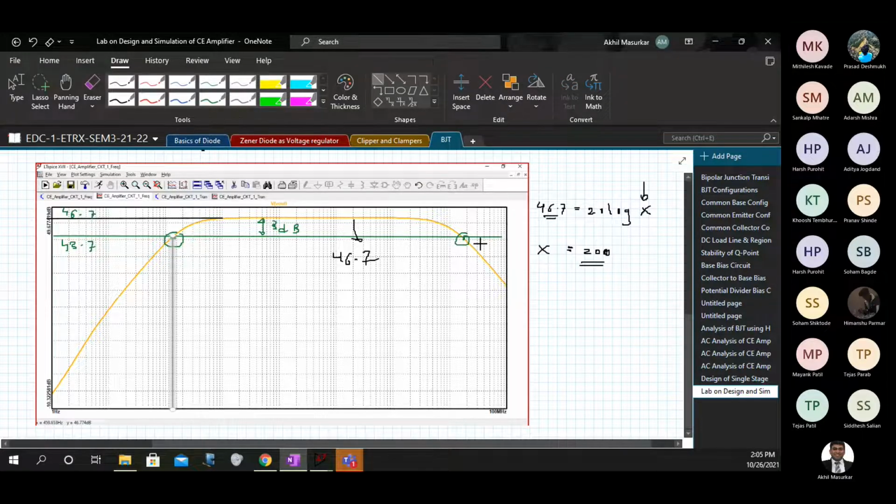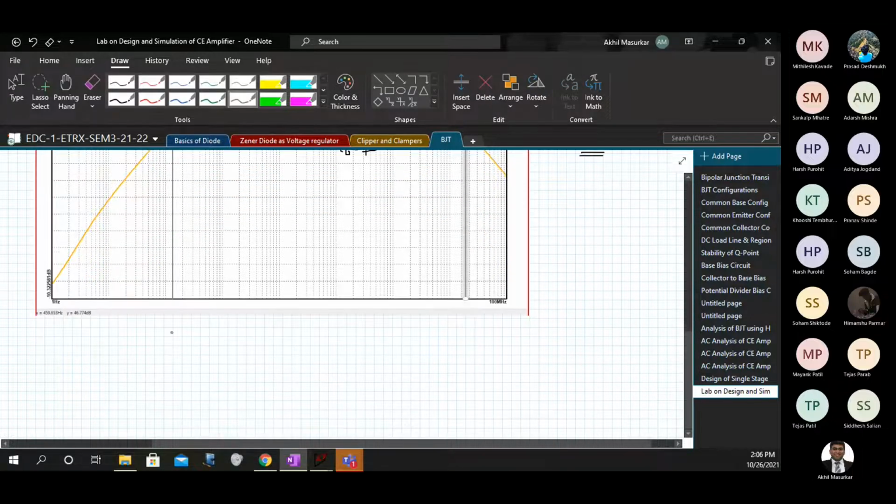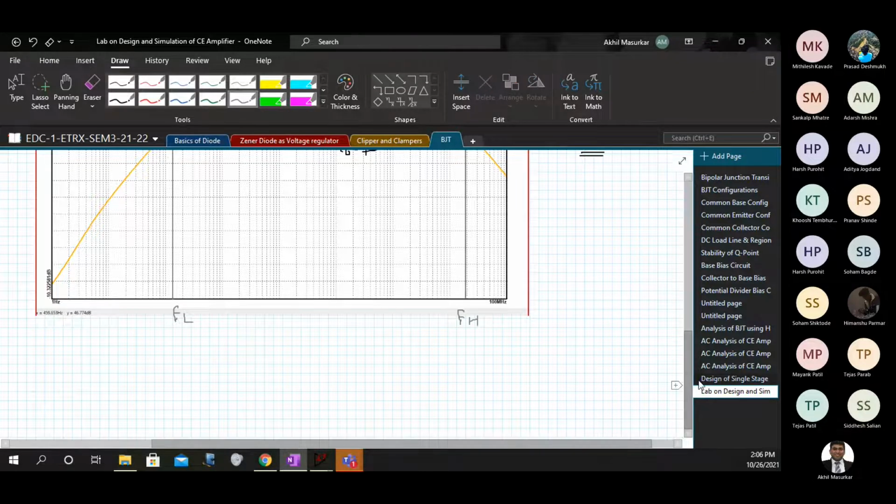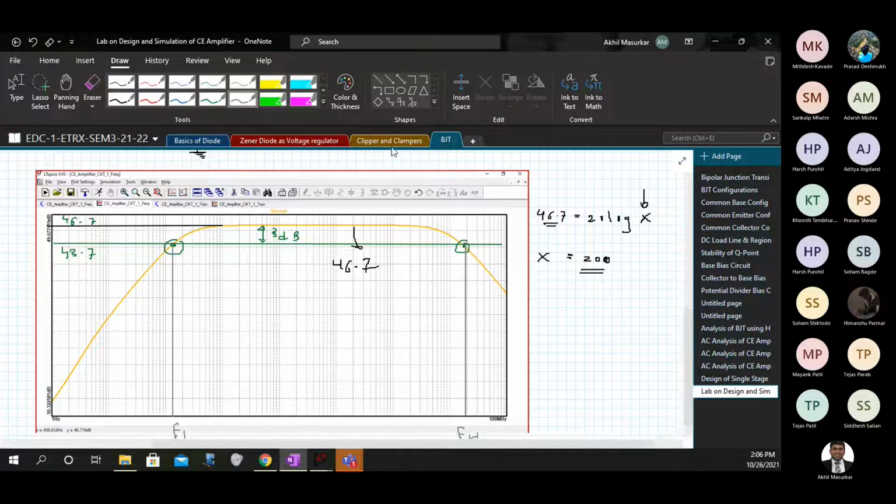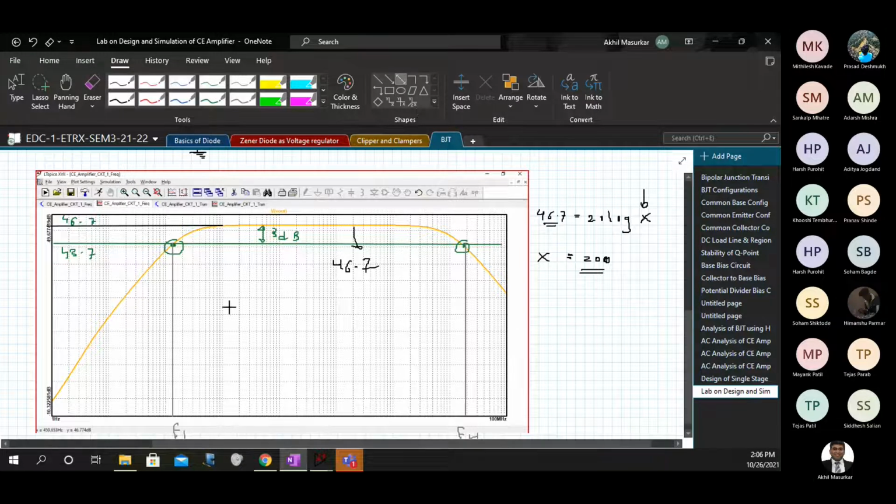When you extend these points down, you will get the lower cutoff frequency and the higher cutoff frequency, and the difference between the two is going to be the bandwidth. So bandwidth will be fh minus fl. So this is the operation that we have to do now.